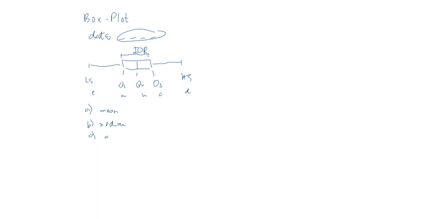So there is a way you can solve for that. Just one or two numbers are unknown. And then you can also find the IQR. So we know IQR is equal to Q3 minus Q1.